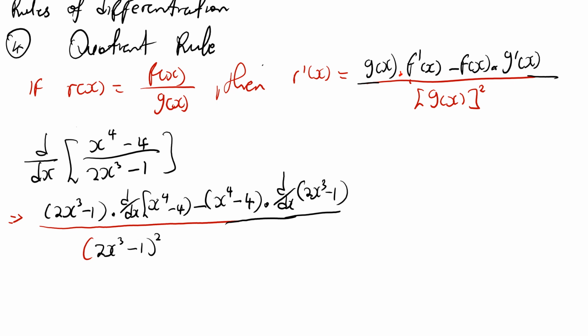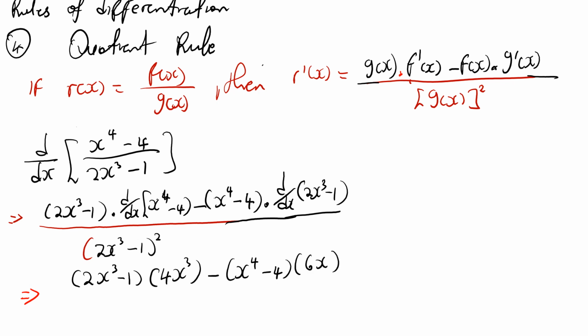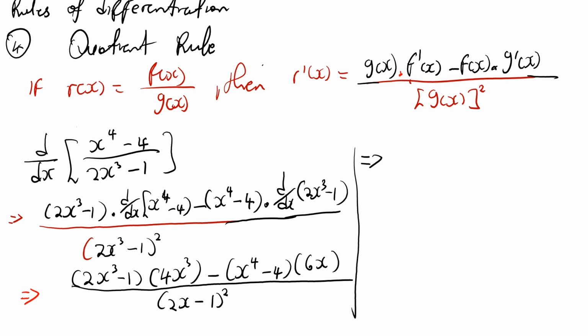So let's see what we are going to have here. We have 2x cubed minus 1, and if we differentiate x to the power of 4 minus 4, we end up with 4x cubed, minus, then let's keep x to the power of 4 minus 4, and then we differentiate 2x cubed minus 1, and we end up with 6x, all over 2x cubed minus 1 squared. Now it is a matter of adding and subtracting like terms, or let's simplify first.